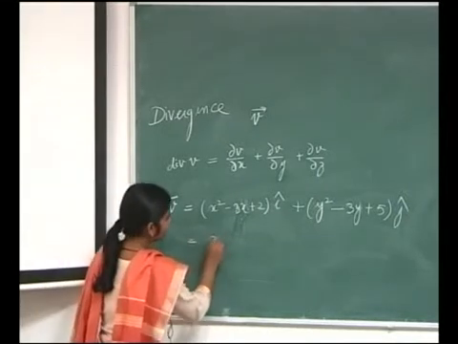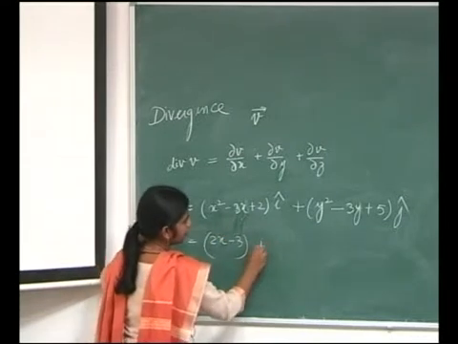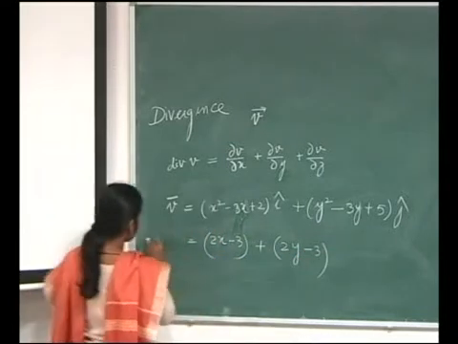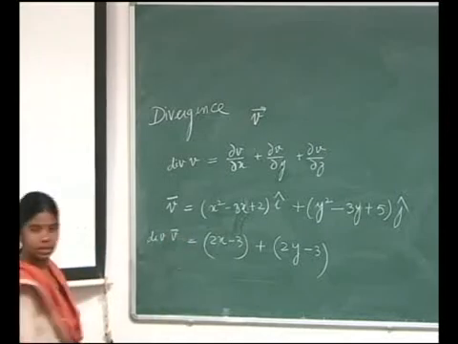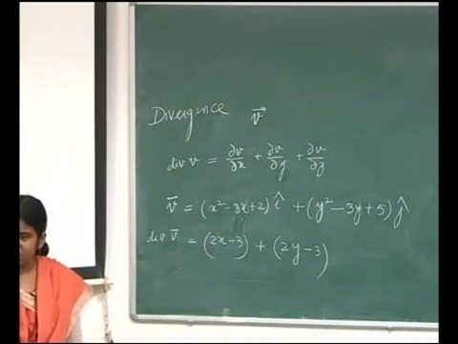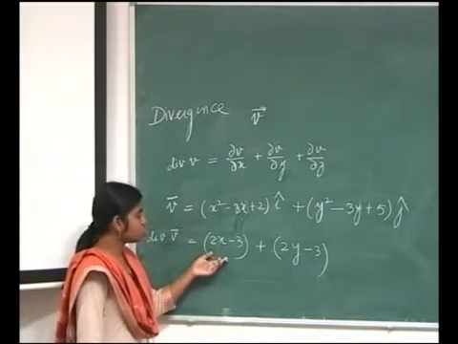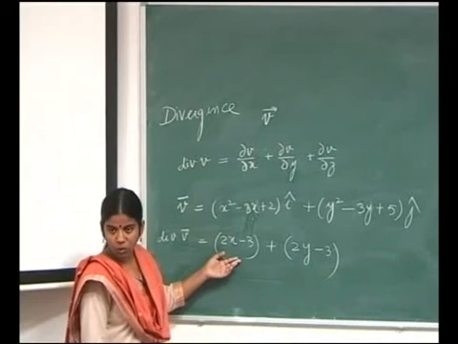I get 2x minus 3 plus 2y minus 3. This is the divergence of V. Is it okay? This is the divergence of V. So when would this divergence of V be 0?